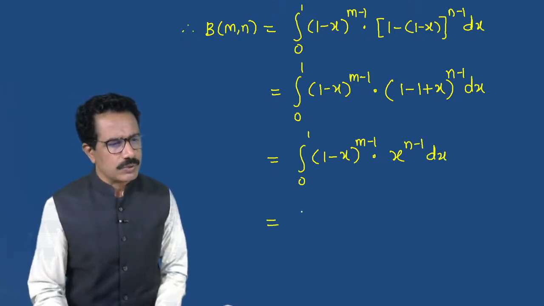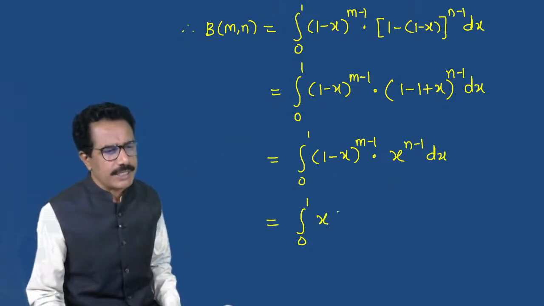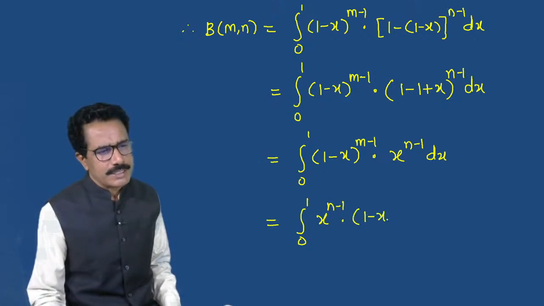That is equal to integral from 0 to 1. You can write first this x raised to n minus 1 into (1 minus x) raised to m minus 1 dx.